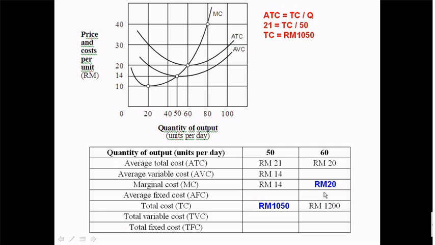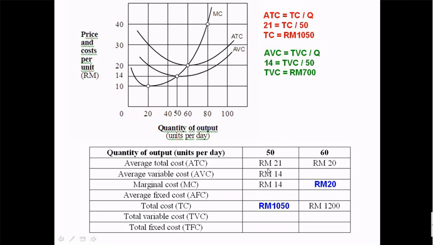Next we can see that there is AVC given here, but nothing else here. So what can we do with AVC? If we have the AVC of 14 ringgit and we also have the quantity of 50 units, then we can use AVC times the quantity to get total variable cost. AVC equals total variable cost divided by quantity.